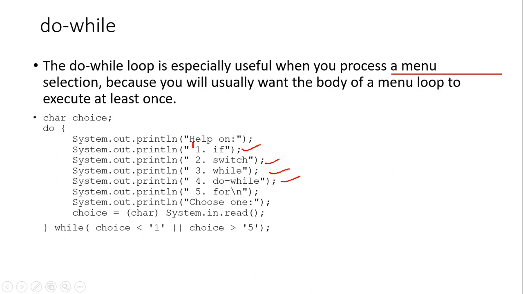We show the menu to the user and ask the user to enter their choice, and we will repeat it as long as they don't press something which is beyond the menu values. So this is the idea that we usually use it. So this is a place where the do while loop is most frequently used.